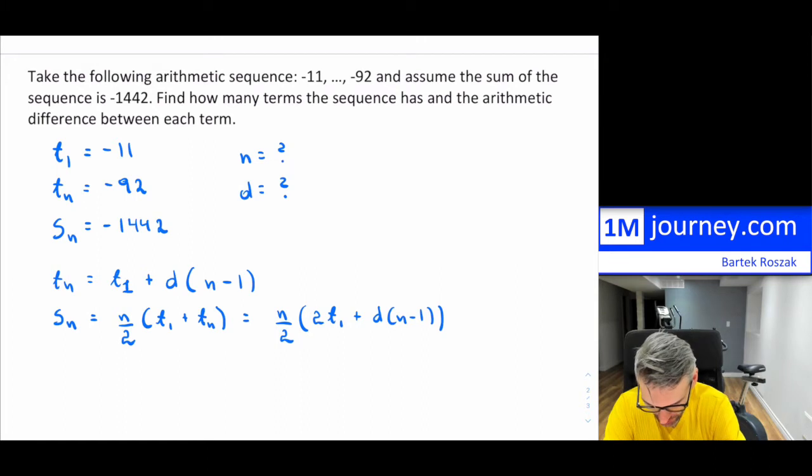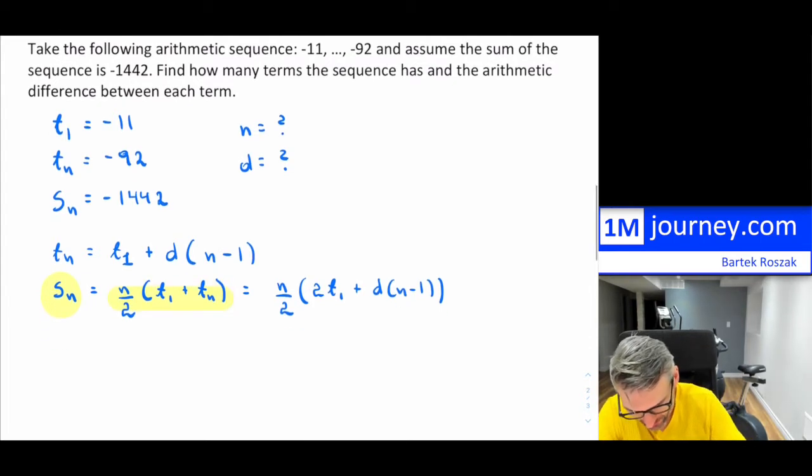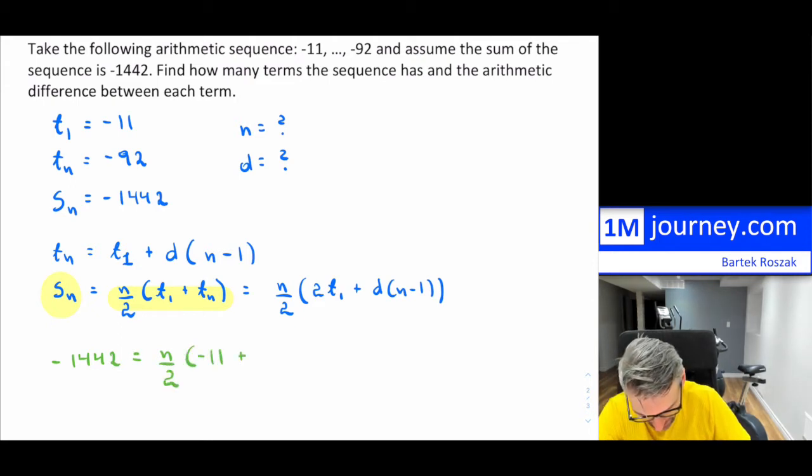Here I'm just looking at what I have been given. I'm going to use this equation right here, which is the sum, because I know the first and the last term, and I know the sum. So if I substitute those in, -1442 equals n over 2 times T1, which is -11, plus Tn, which is -92.